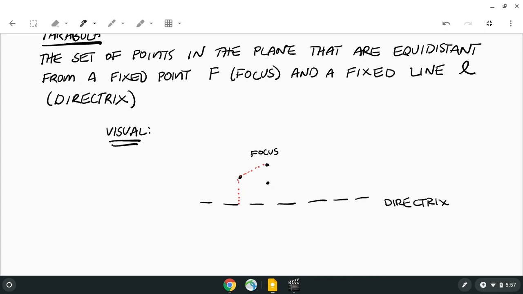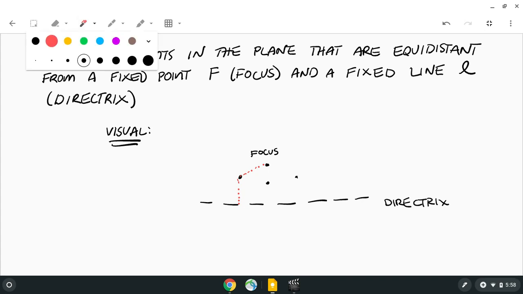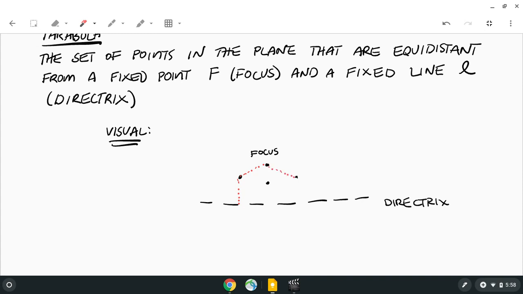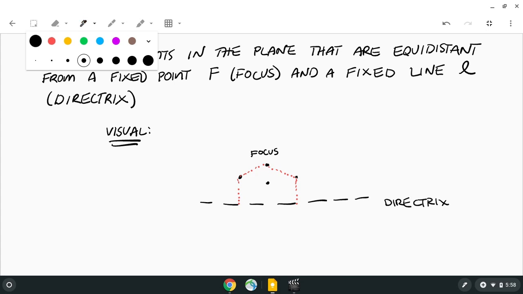So that point is on the parabola. This one over here looks like a point on the parabola because the distance from this point to the focus looks the same as the distance to the line.